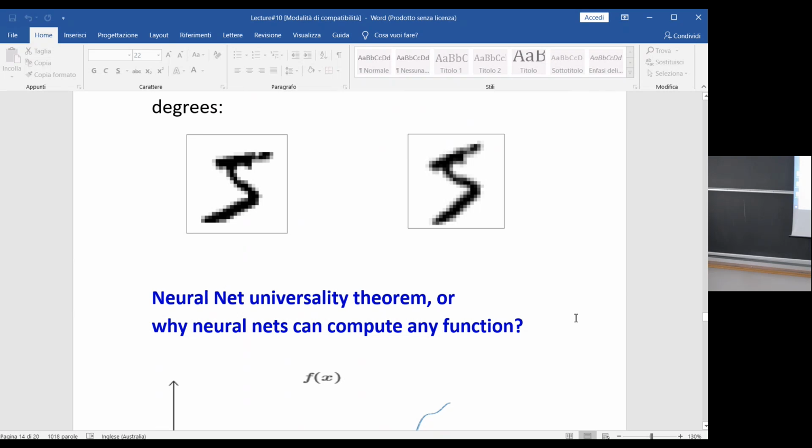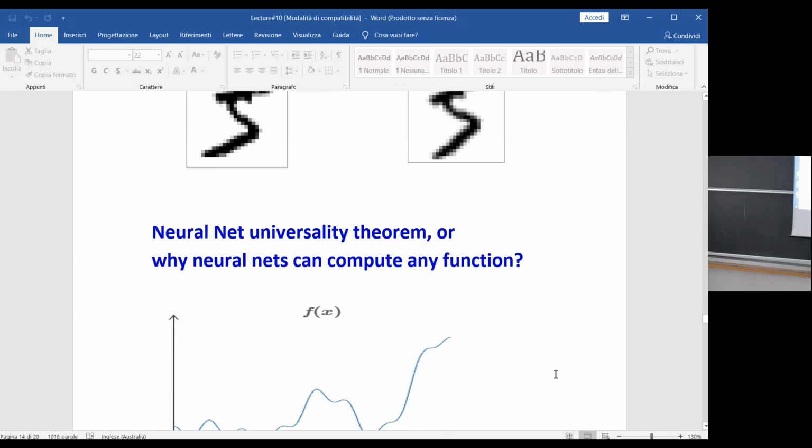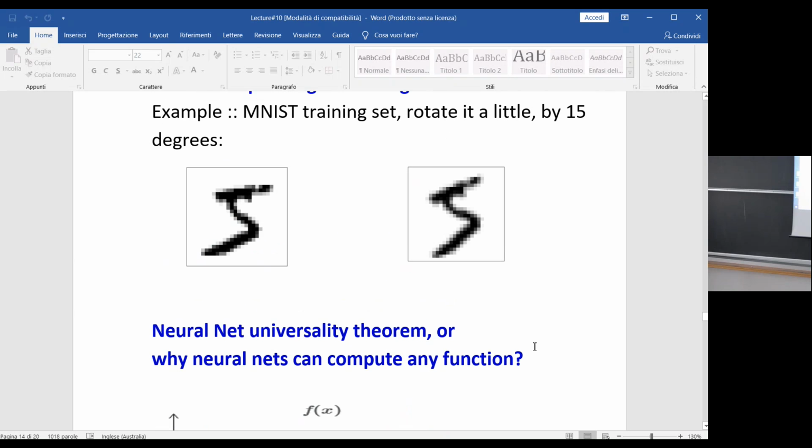By this simple transformation, which we can arrange automatically, we can obtain from a 50,000 or 60,000 data set millions of samples, different enough. So we can enrich and improve the precision of our training.